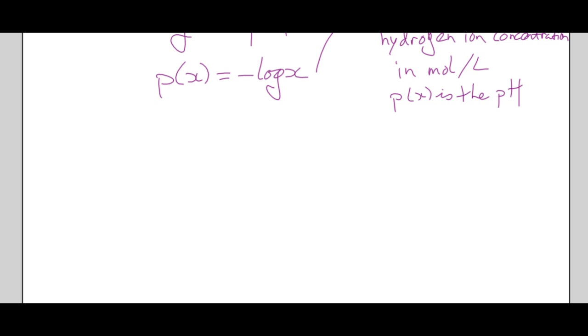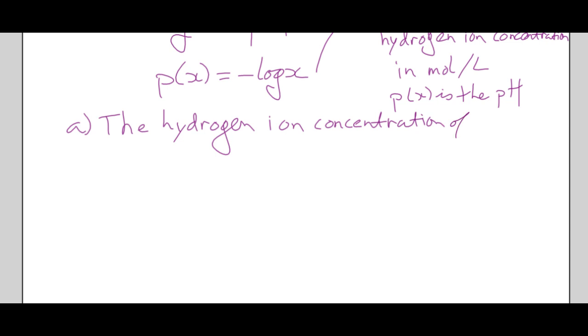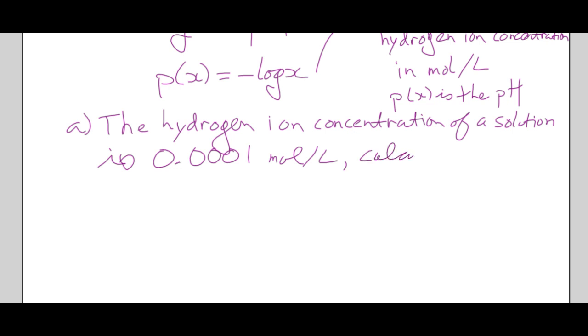Okay, so the hydrogen ion concentration of a solution is 0.0001 moles per liter. Calculate its pH.